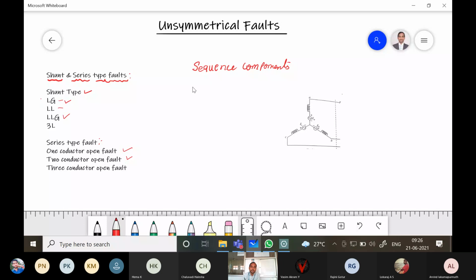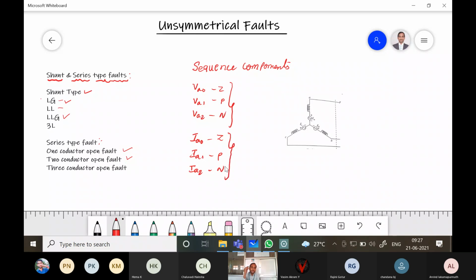You know that one: VA0, VA1 and VA2, the zero sequence, positive sequence and negative sequence components of voltages. Similarly IA0, IA1 and IA2, these are the sequence currents: zero sequence current, positive sequence current and negative sequence current. We need to find all the sequence parameters first.